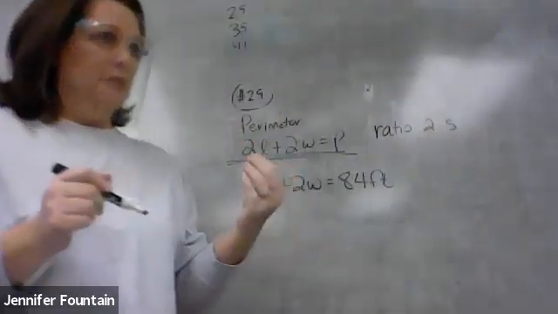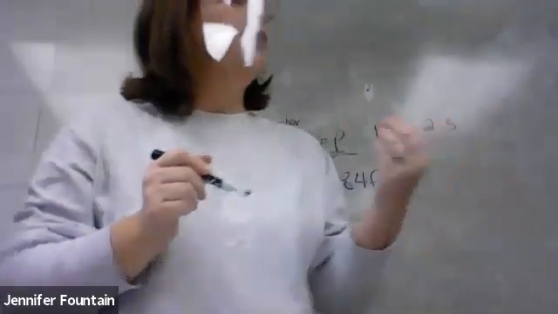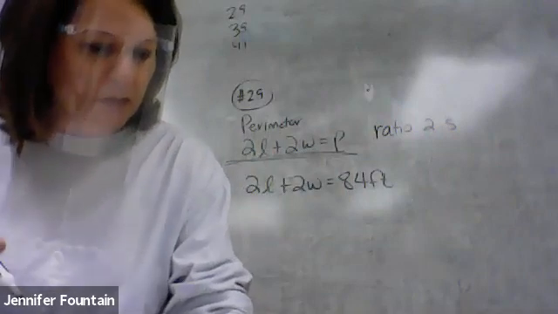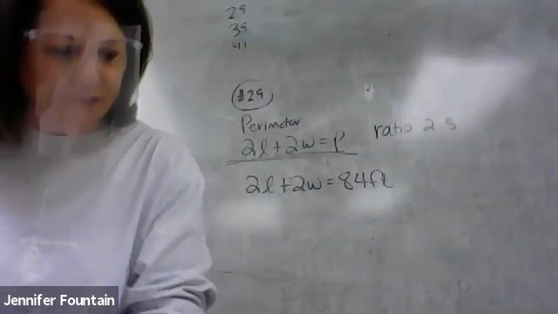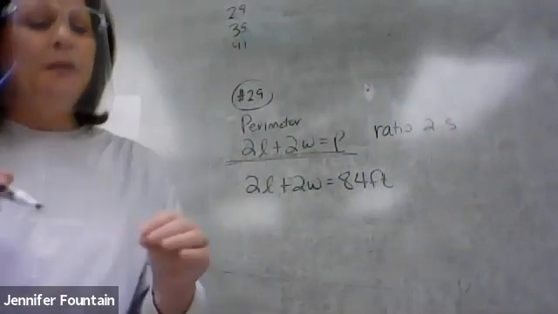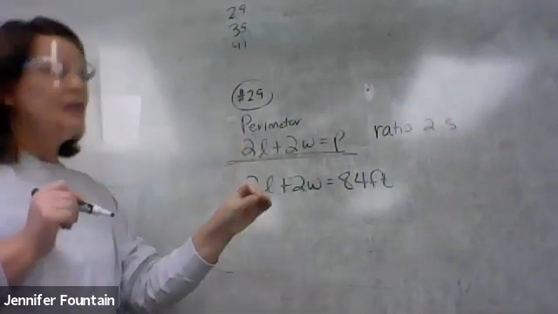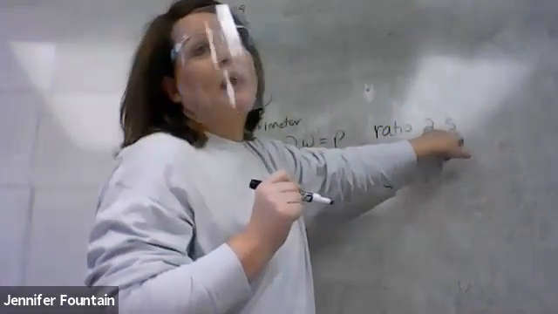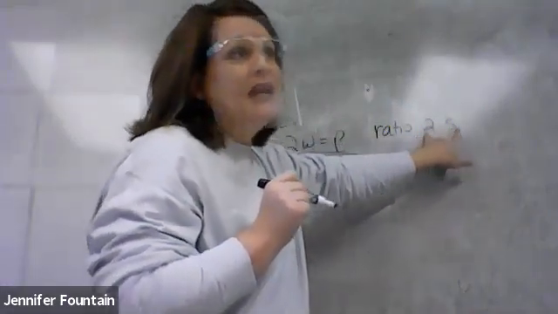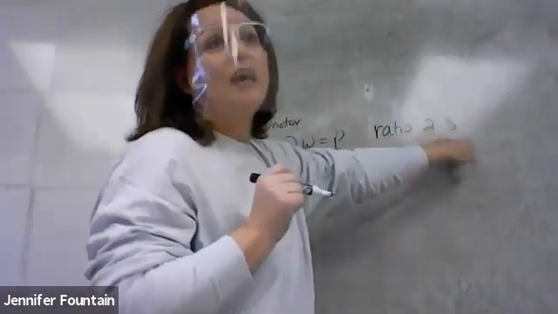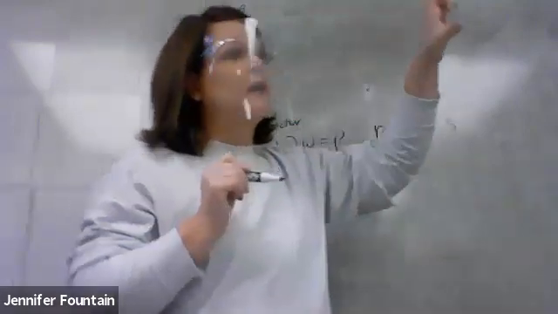What does that mean? It does not mean that the length and width are 2 and 5. These are not my length and width. It's saying that for every 2 of one of them, I've got 5 of the other. So that's my comparison there.